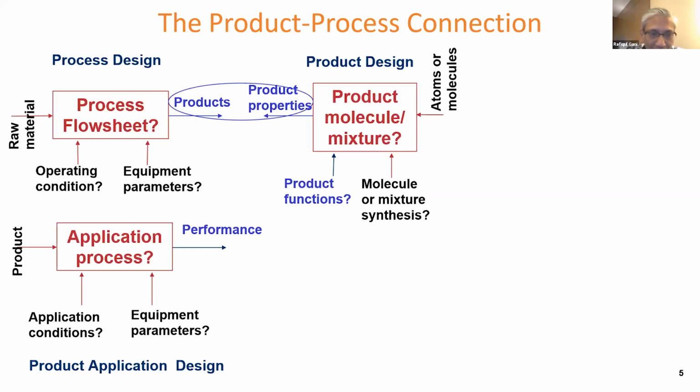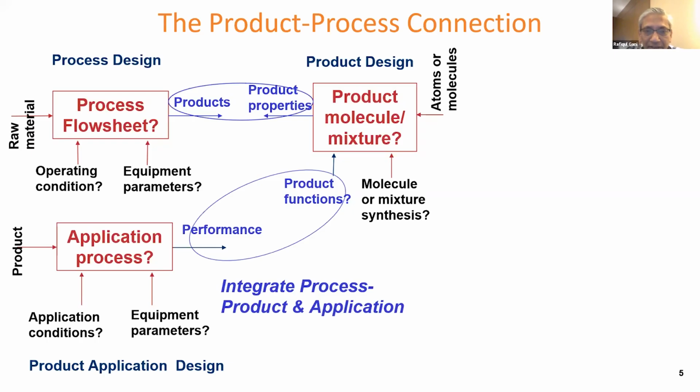So we need the application process, where we have a product, we evaluate the performance, and we see whether the product functions that were designed are matched with the performance. So when we integrate process and product, we need to look at both these issues.